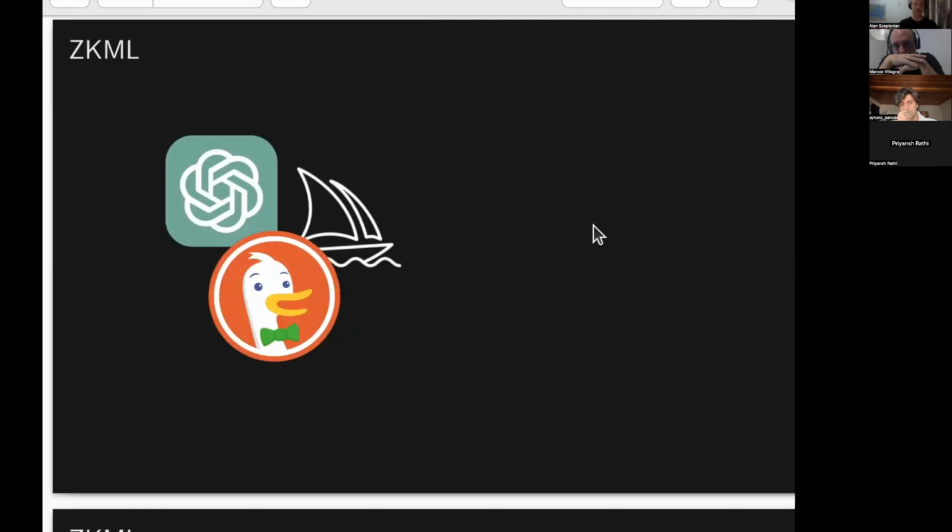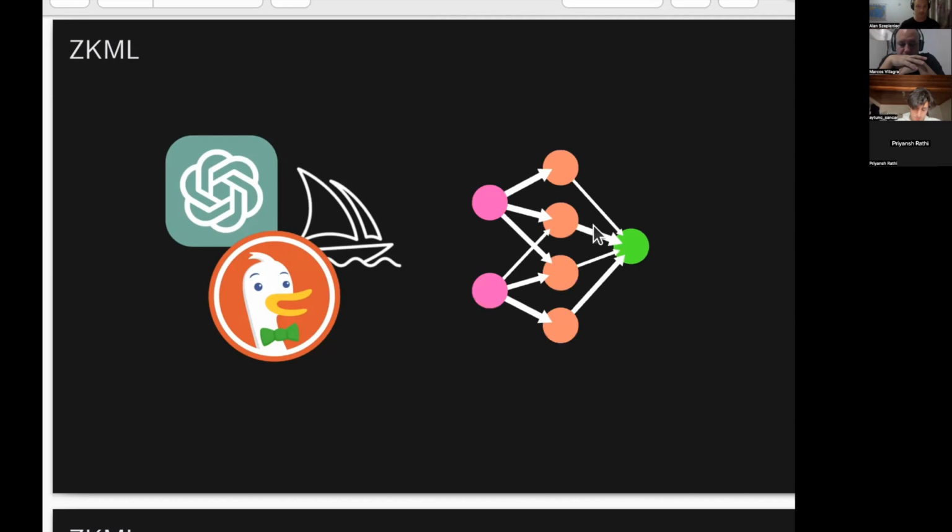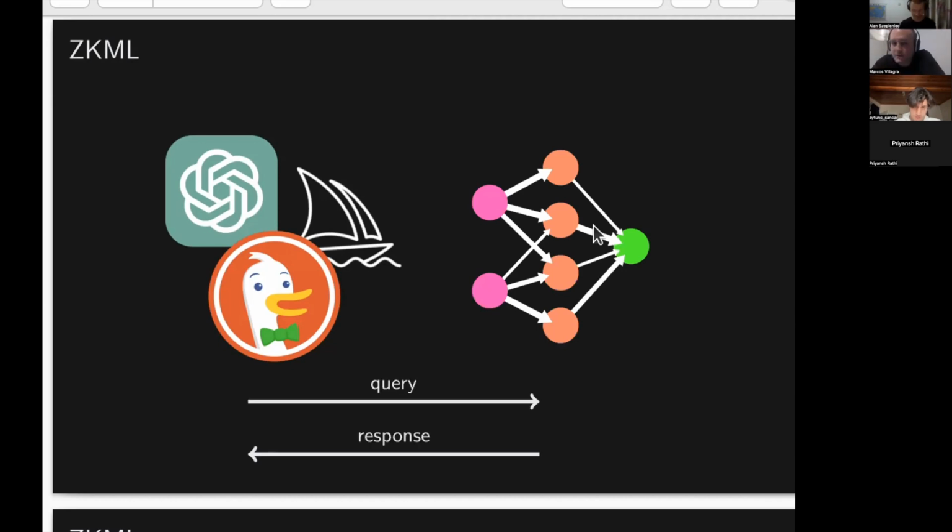All right, here's an application that does not pertain to blockchains, or at least not per se. Zero knowledge as a service exists. There's search engines, there's Midjourney, there's ChatGPT, and the idea is that you, as the end user, upload your query to the machine learning server, and you get a response back.